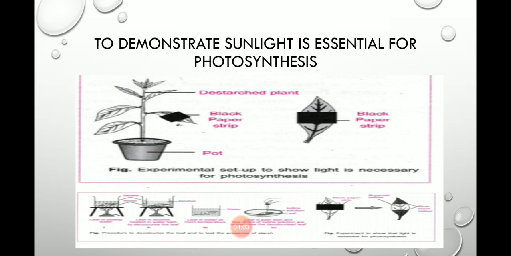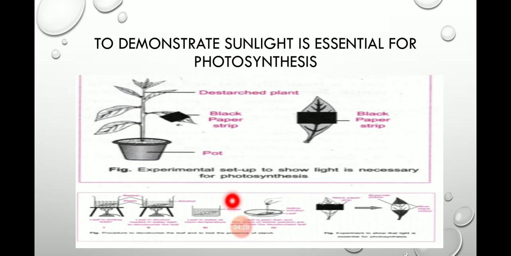The plant is left for photosynthesis for some time, and after that the leaf is taken. First the leaf is boiled in water, then it is boiled in alcohol, and as a result all of its chlorophyll is removed.